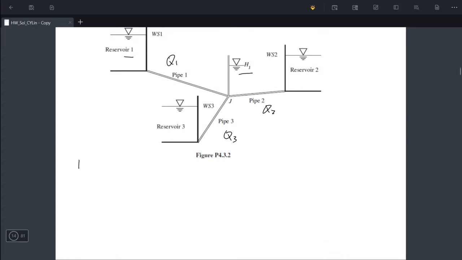So this Hj at the junction location denotes the total energy level at the junction, which can be expanded to this term.